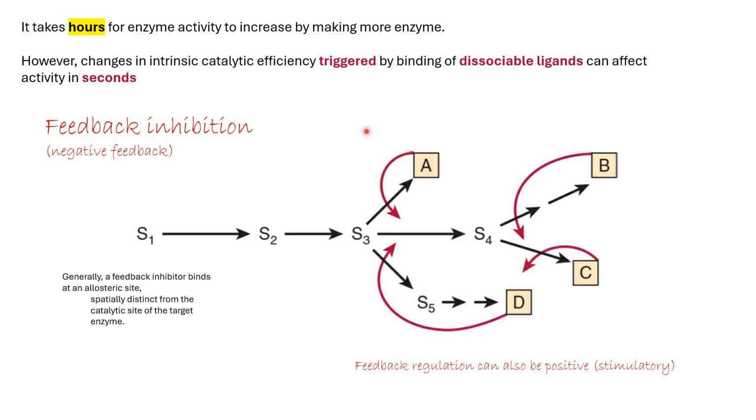And this can be done via dissociable ligands, small molecules that can either inhibit the activity of any of these enzymes, or which may actually increase the activity of these enzymes.